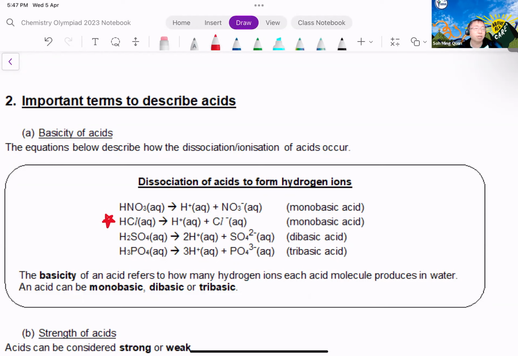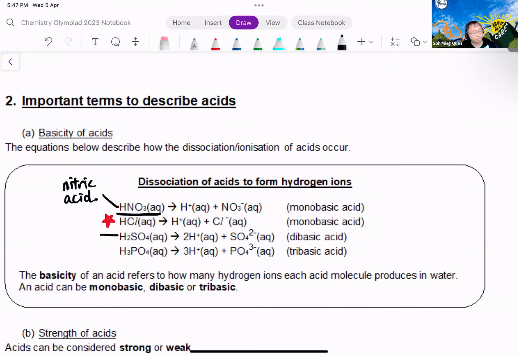So now we can continue to write the dissociation equations for other acids. First, we have HNO3, which is called nitric acid. Nitric acid, HNO3, can dissociate to form H+, NO3-. So it forms 1 H+, 1 NO3-.